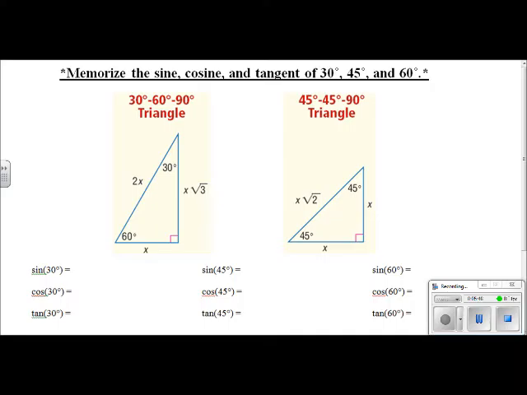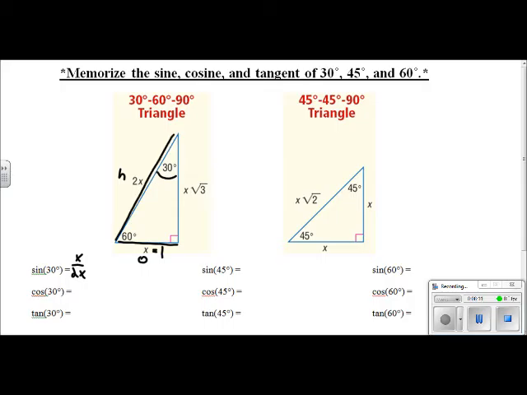So if we look at the sine of 30 degrees, we're looking at this one here. Remember, sine is opposite over hypotenuse. So we'd say that it's x over 2x. And what that means is, let's say that our x is 1. So we're setting this value to 1 length here.